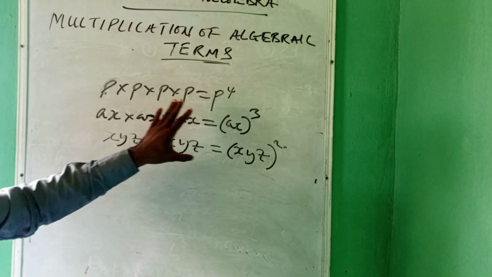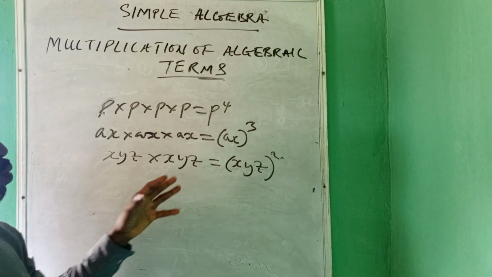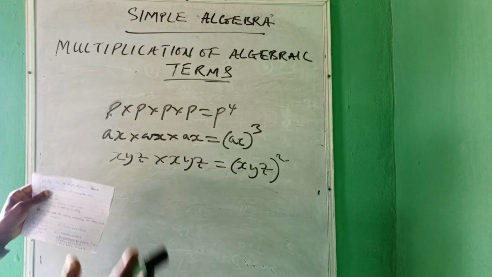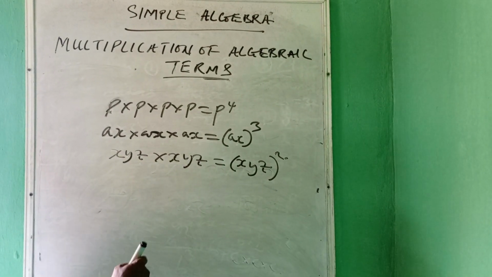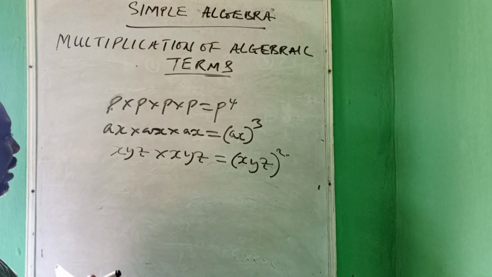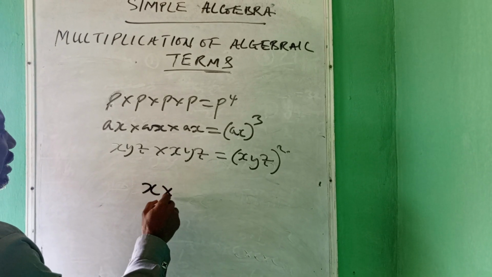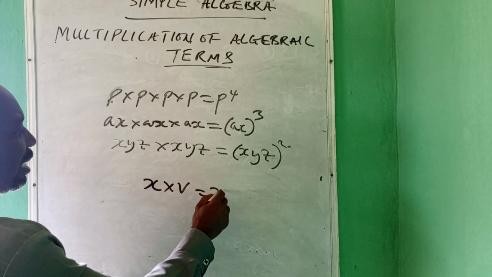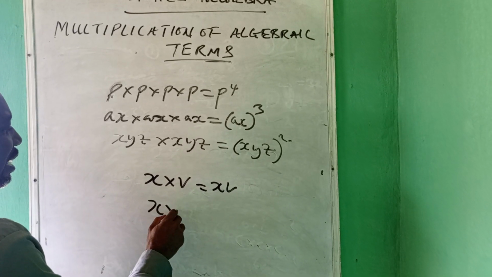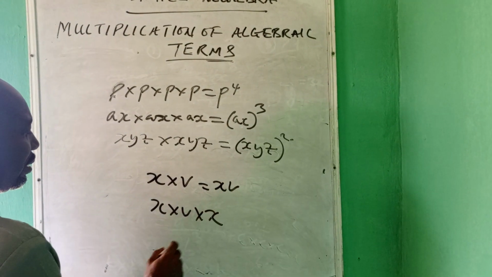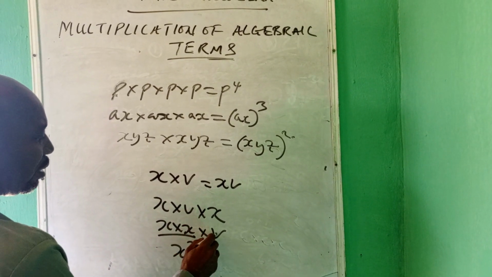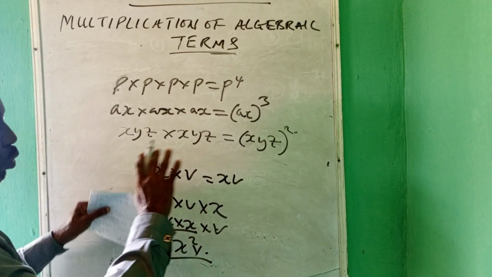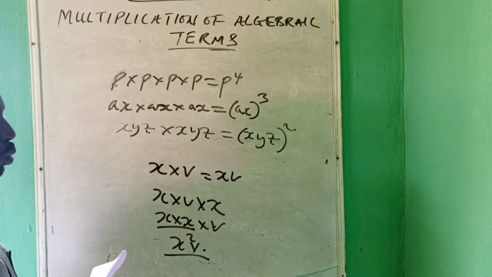So we have been able to put, because when we'll be doing multiplication of algebraic terms, you will meet where a letter will multiply a letter, the same letter. Like if it is x times v, this is xv. Or if it is x times v times x, that is x squared v, which is what we are going to do now.